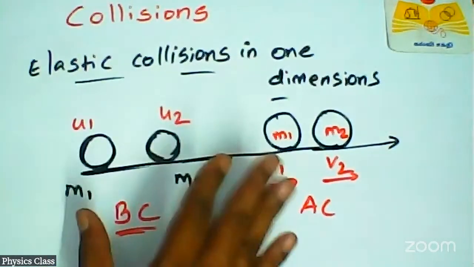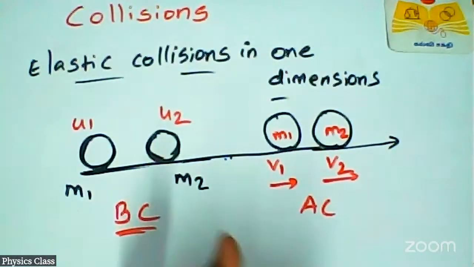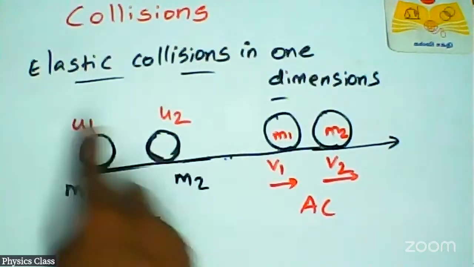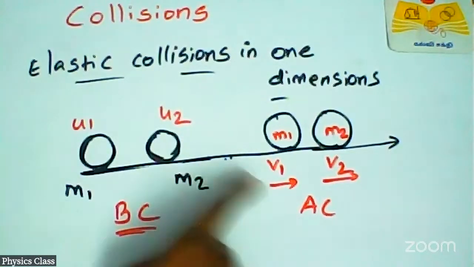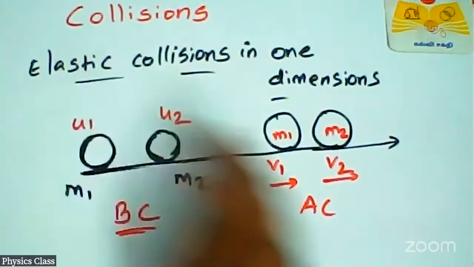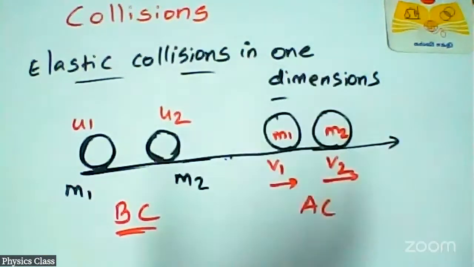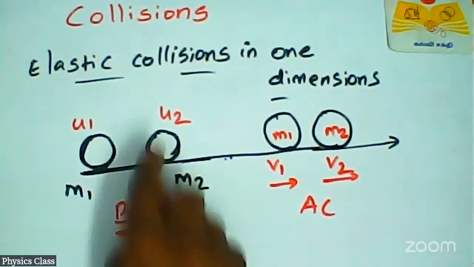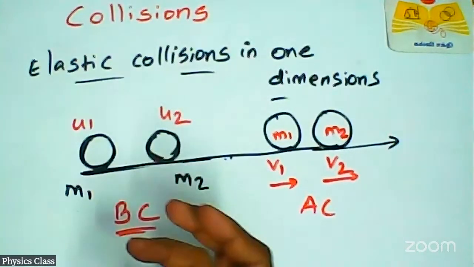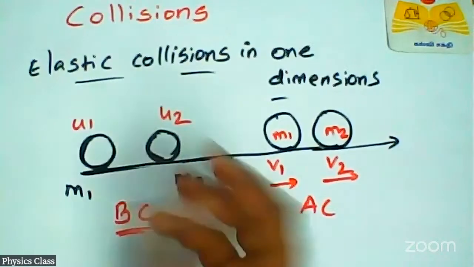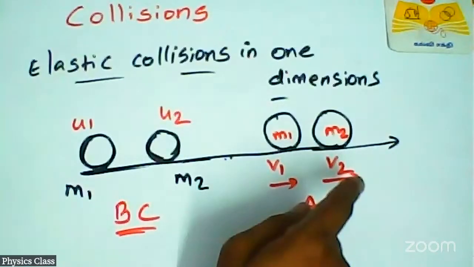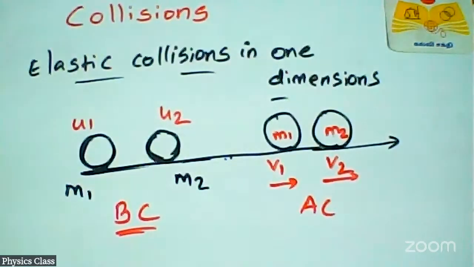Mass does not change, so only the velocity changes. So u1 is converted into v1, which means u1 is not equal to v1. Maybe 2 meter per second or 2.5 meter per second, nothing matters here. And u2 is converted into v2. The mass m2 has initial velocity u2, but after collision its velocity changes to v2.